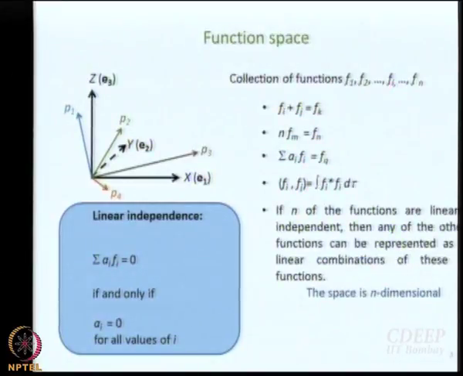So, formally what we say is if n of the functions are linearly independent, then any of the other functions can be represented as a linear combination of these n functions. Once again, best understood in terms of position vectors and unit vectors, base vectors along the Cartesian coordinates. Take any position vector, how do you write it always? You write the coordinates, x, y, z or x1, x2, x3, whatever you want to write.